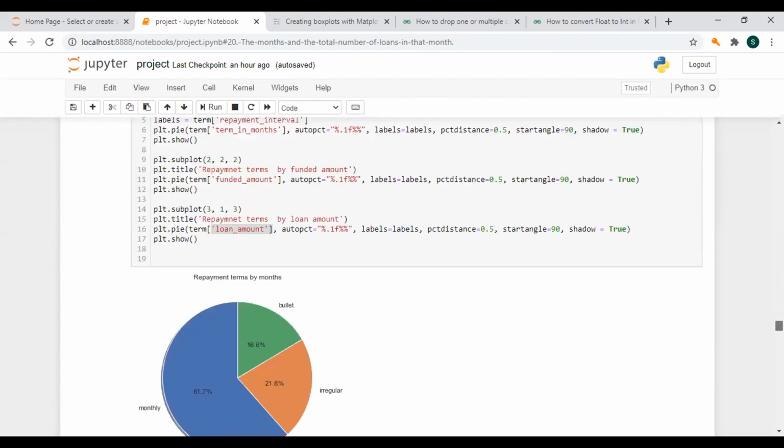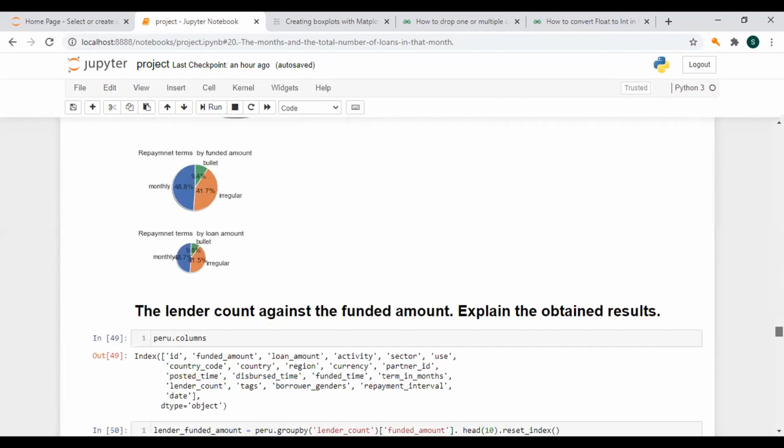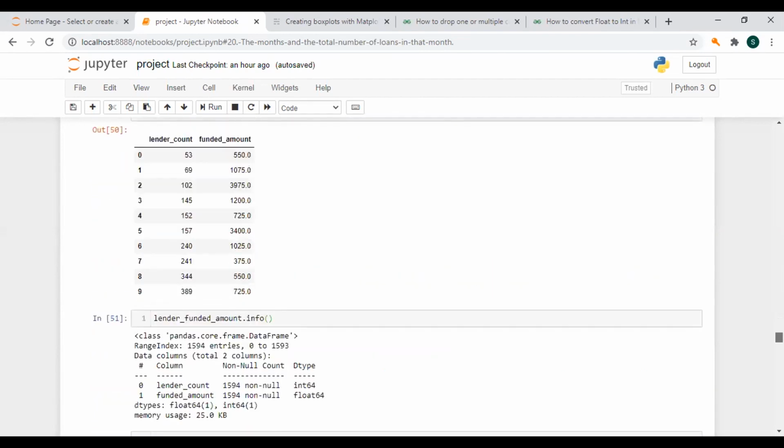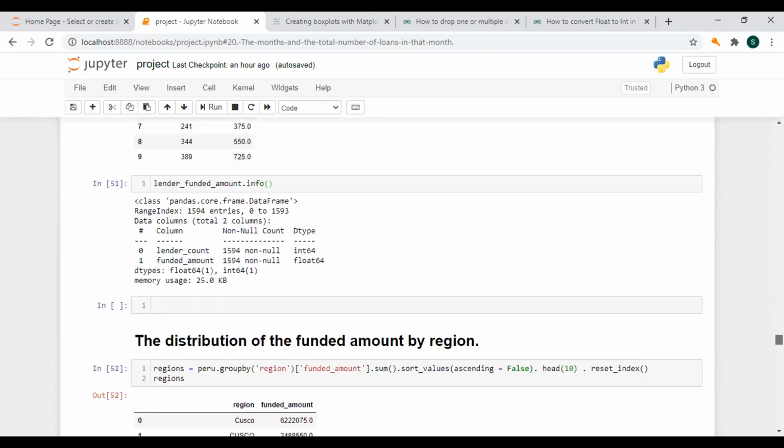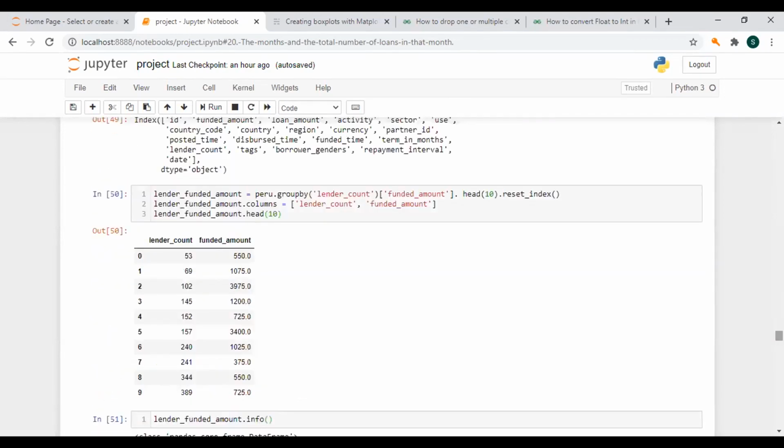Okay. So then the lender count against funded amount. The lender count and funded amount are there, but actually this one gave me a problem to visualize because the funded amount is in float.